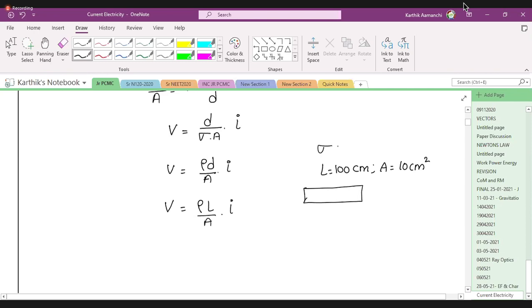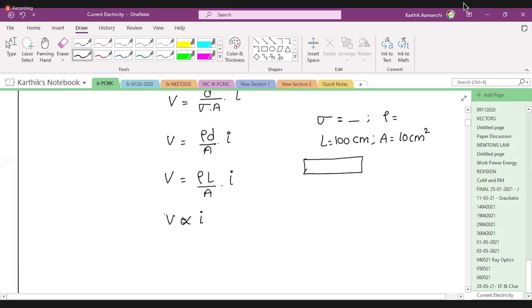So conductivity for copper will be the same, which means resistivity will be the same. So for a given material, resistivity is a constant. So from this, can I say V is directly proportional to I? Yes, sir.